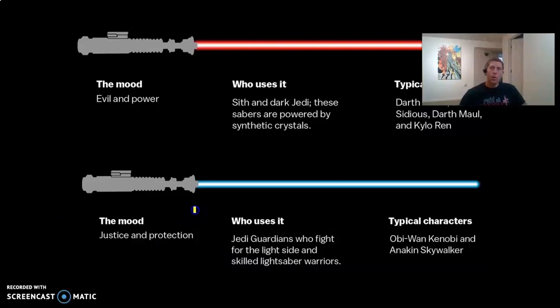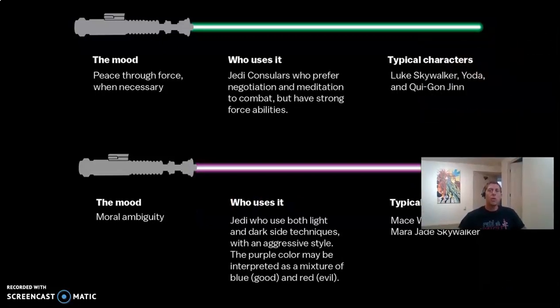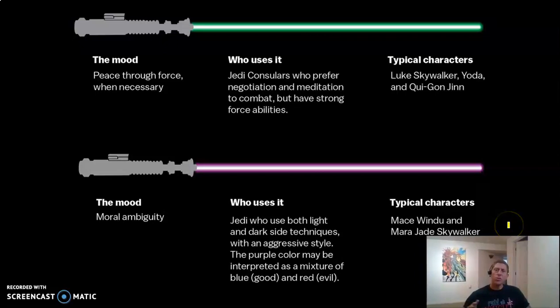All right, next, what else might there be? There are green and purple lightsabers. Green is used by folks who are mostly peaceful and only like to use the Force when absolutely necessary, people like Luke, Yoda, and Qui-Gon. And then purple is used for really interesting characters who are not so sure about how they feel about the light and the dark. Maybe they appreciate or understand a little bit of both.